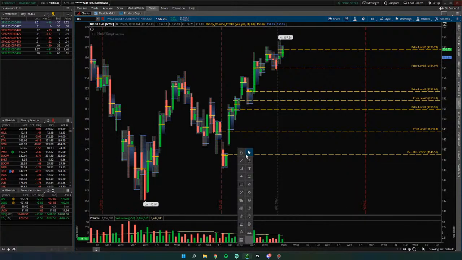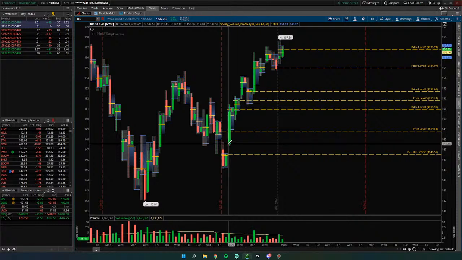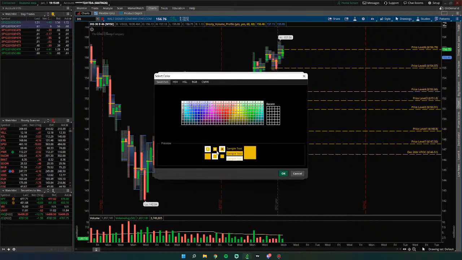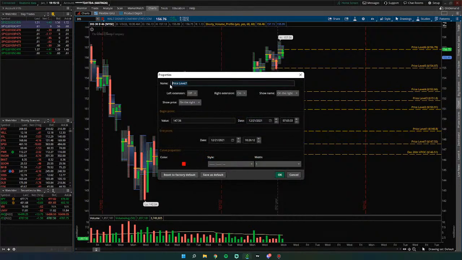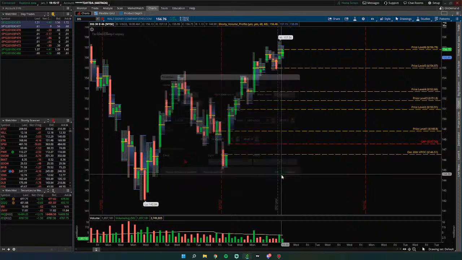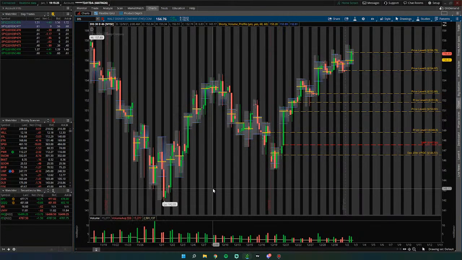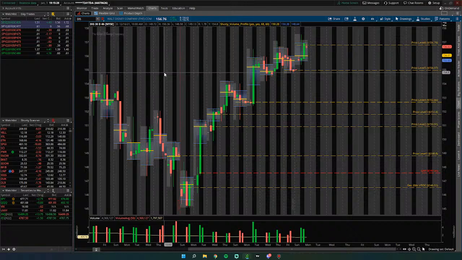There's that gap. So yeah, that should about cover it, unless anybody has any questions.